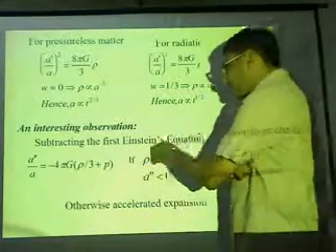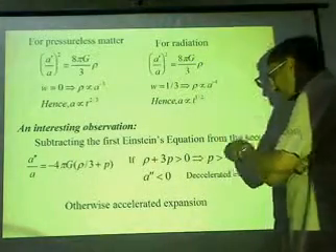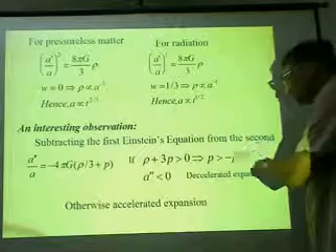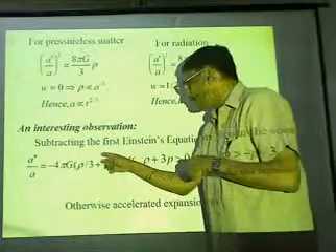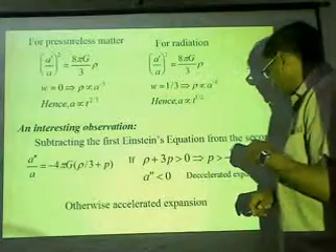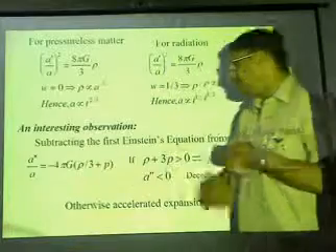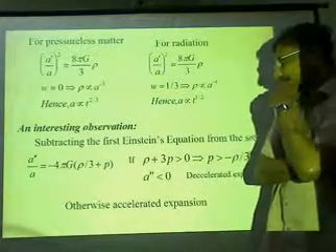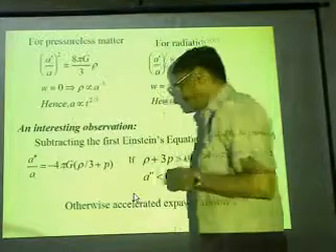Now, if the pressure is greater than minus rho by 3, then we find that this portion is greater than 0 and the right hand side is less than 0.